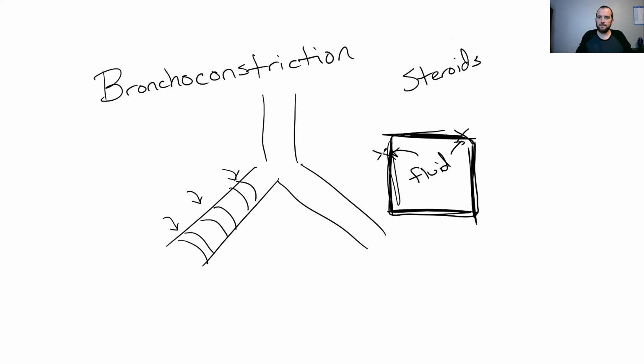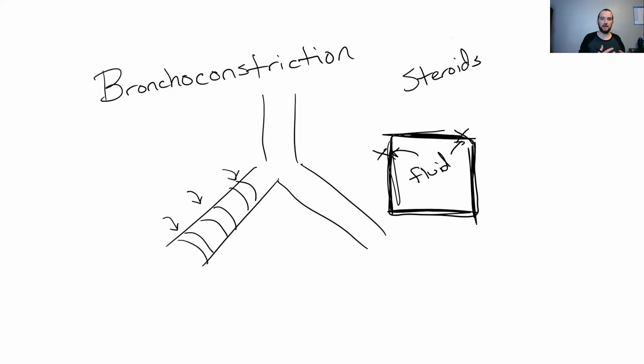And if fluid doesn't leak out of the cells, those bronchial smooth muscles don't ever get the edema, and they don't ever start swelling and then closing off the pipes. So by stabilizing cell membranes, we're stopping the third spacing of that fluid. We're stopping that fluid shifting from happening. So it's kind of like fortifying the walls of the cells.